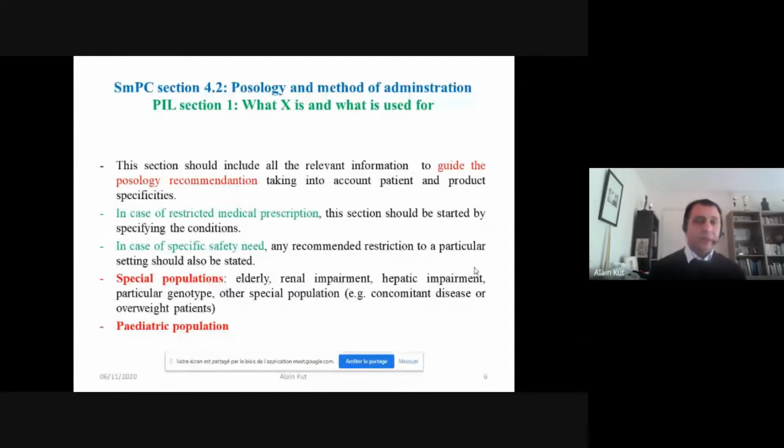Also, we can mention any safety need, and we also talk about special populations such as elderly, renal or hepatic impairment population, and we don't have to forget the pediatric population.